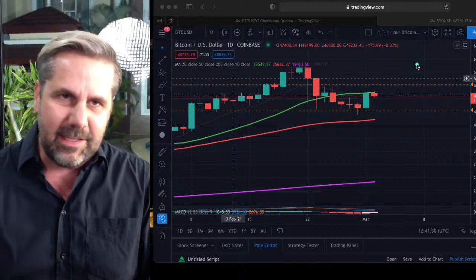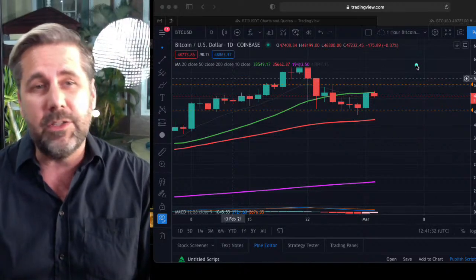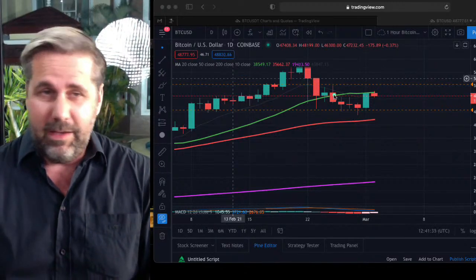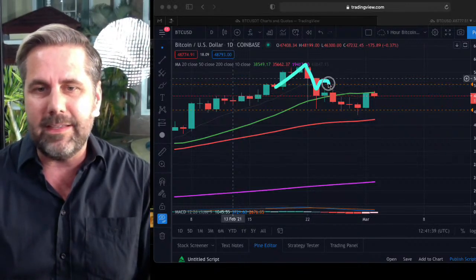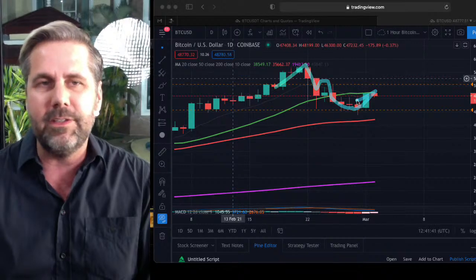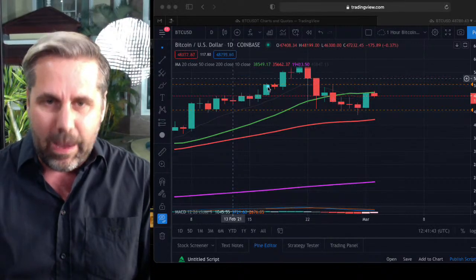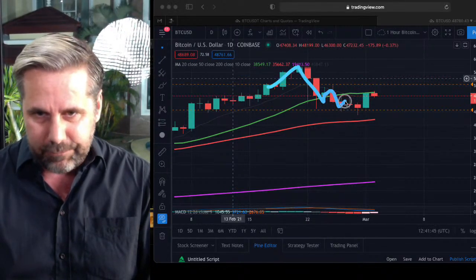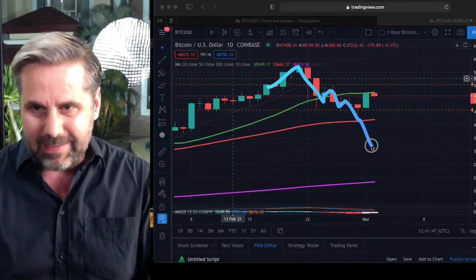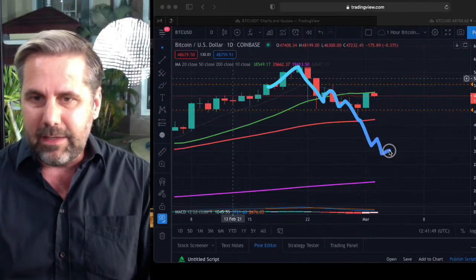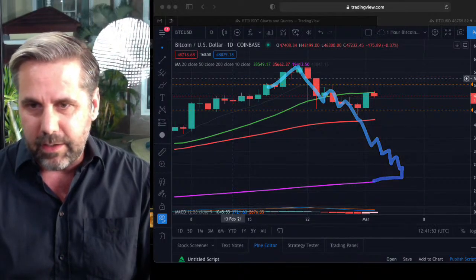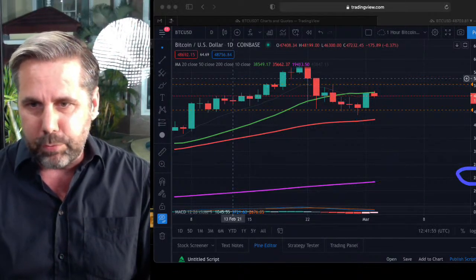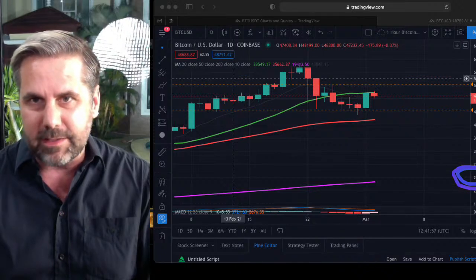So what I see though is a lot of new people to Bitcoin, and maybe even old people who don't understand the trading indicators, and they panic when they see this, and this is absolutely nothing to worry about. However, if it breaks this and keeps going down, then it could technically keep going down to the 200, which would mean a Bitcoin price of about 24,000.